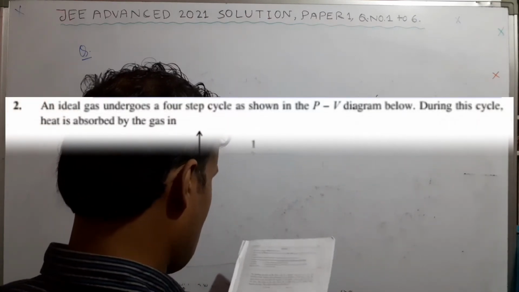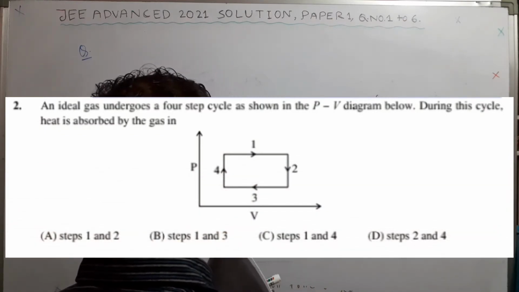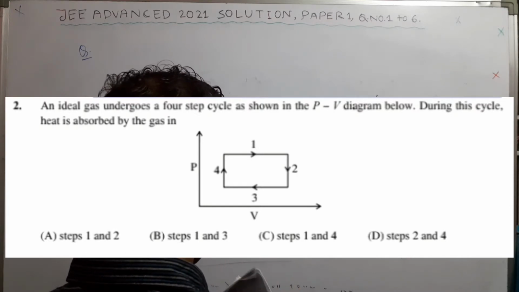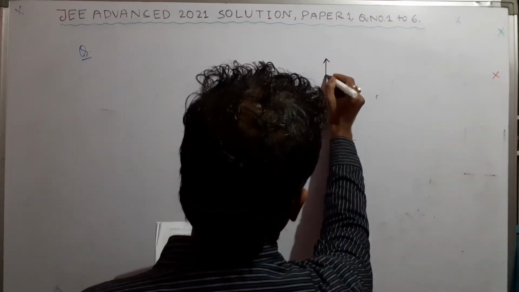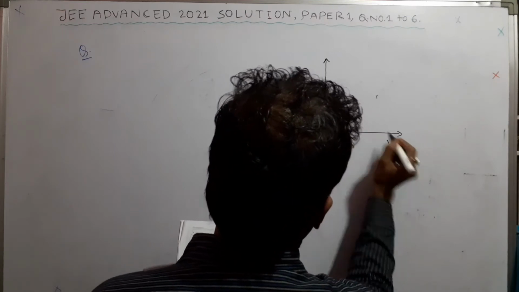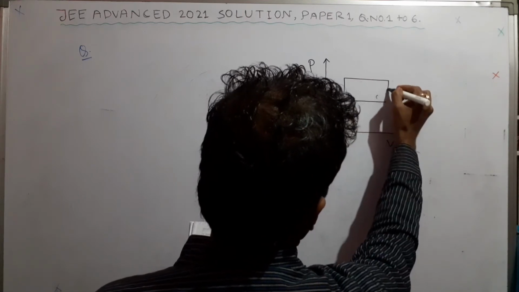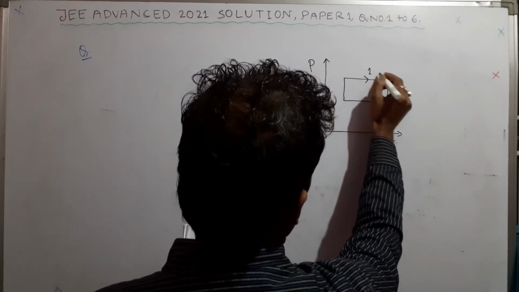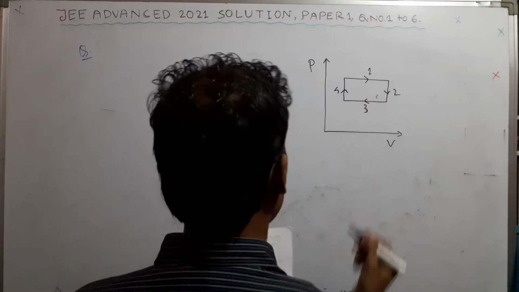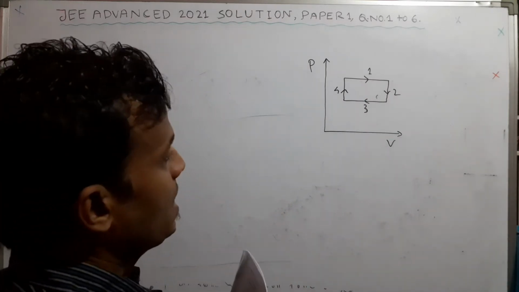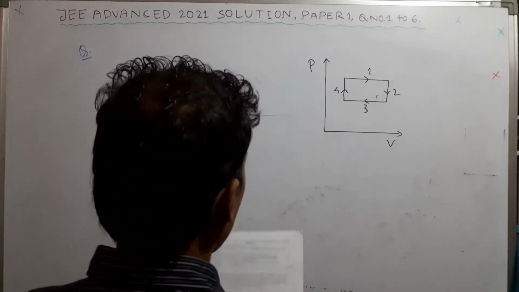So the indicator diagram is volume, pressure, and here 4 processes are given. This is process 1, process 2, process 3, process 4, and the question is in which processes does the gas absorb heat energy, okay.